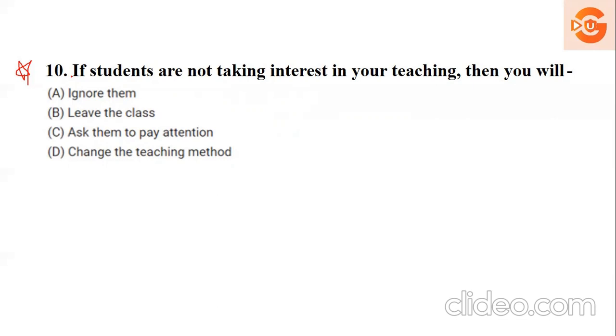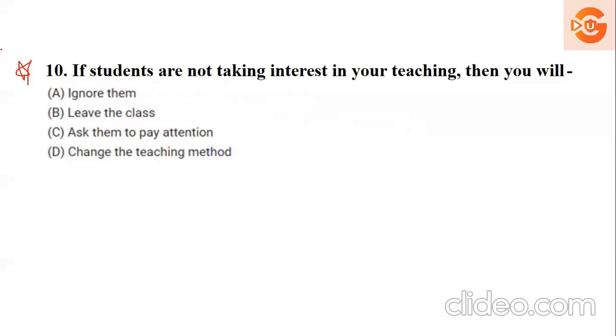In spite of you being the best teacher, students will not be able to cope with your teaching. So in such a case, if you find such hints, or such behavior, that what you're teaching is not being understood by the students, it is important for you to do what?